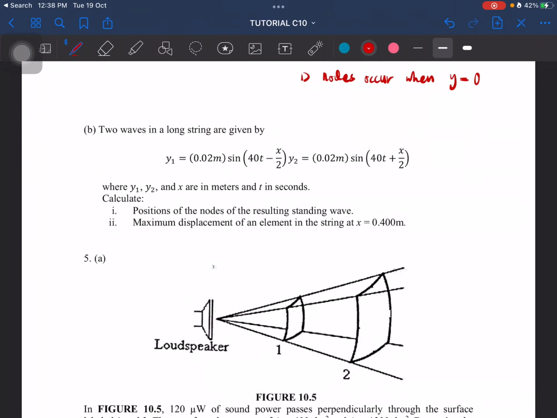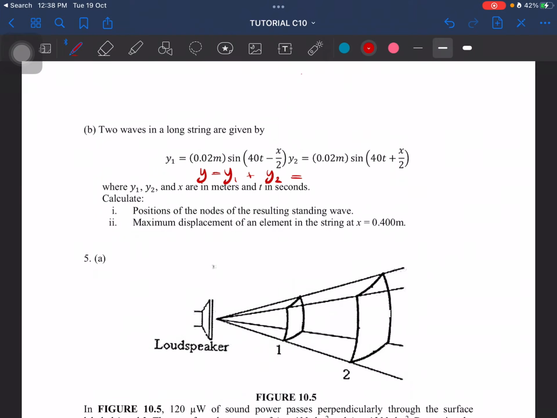Which formula was it? Wait okay, sorry. Before we do that, we have to find the resulting standing wave equation, which is basically y1 plus y2.